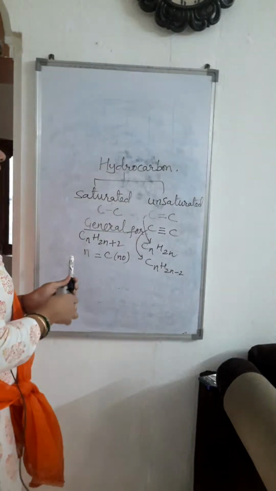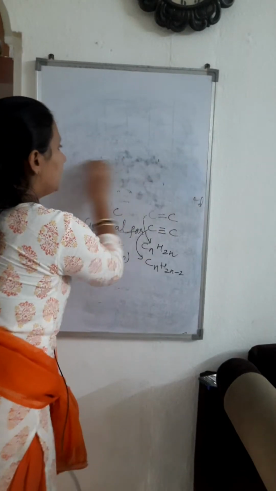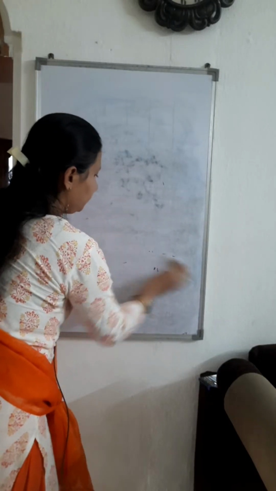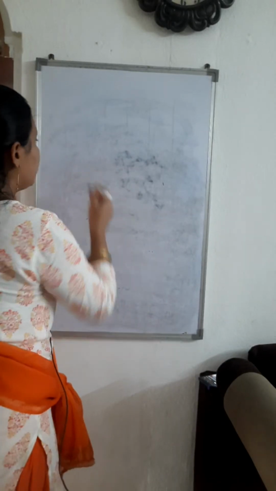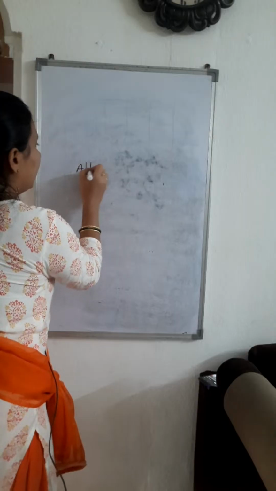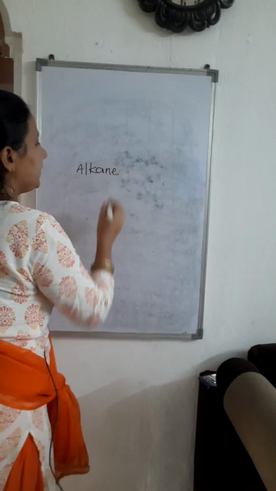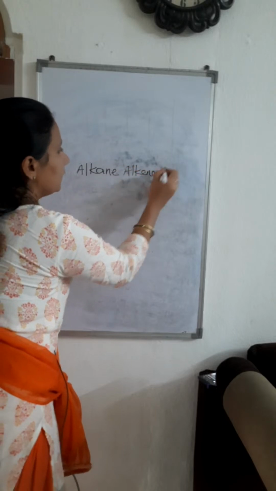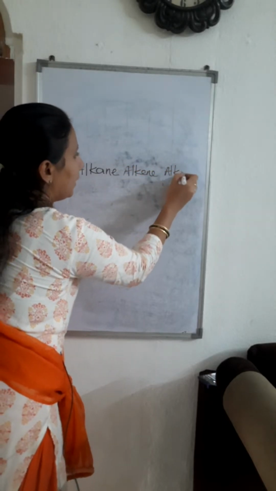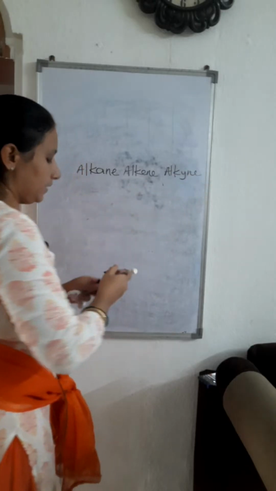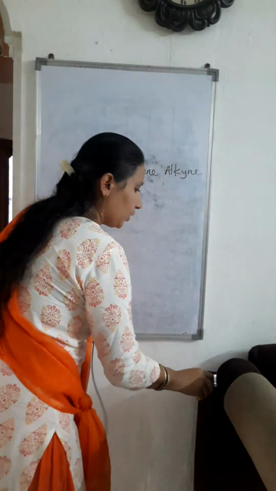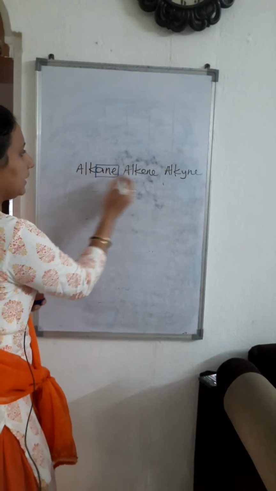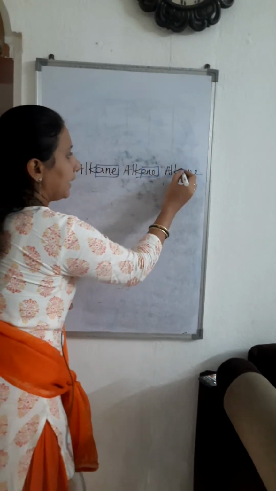The next topic comes here. Single bond compounds are called alkanes, double bond compounds alkenes, and triple bond compounds alkynes. Concentrate on the difference: ane, ene and yne.